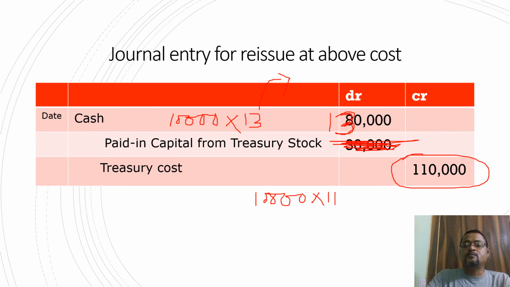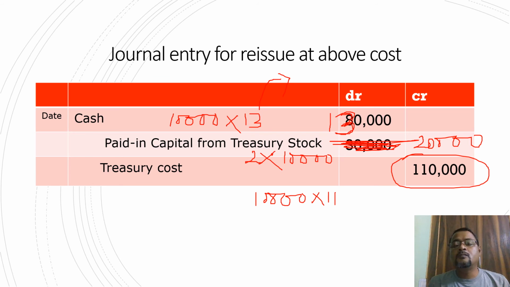So there is a gain of 2 per share. So 2 into 10,000, the entry is credit. The company is receiving 20,000 as premium. That amount is credited to paid in capital from treasury stock: 110,000, 20,000 and 130,000. This is clear. If it is reissued at cost, there is no difference entry, the entry is just reversed. If you are selling at a price above cost, paid in capital is credited. And if you are selling at a price lower than the cost, paid in capital will be debited.